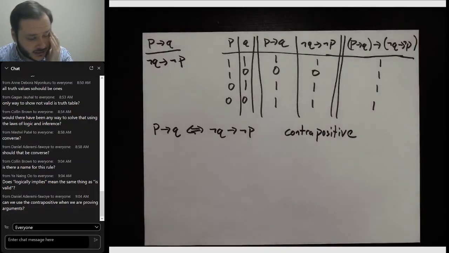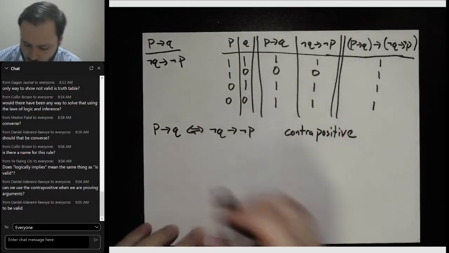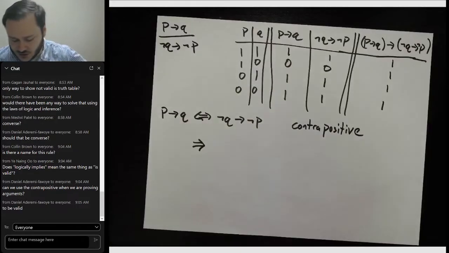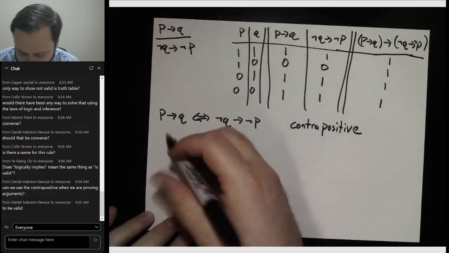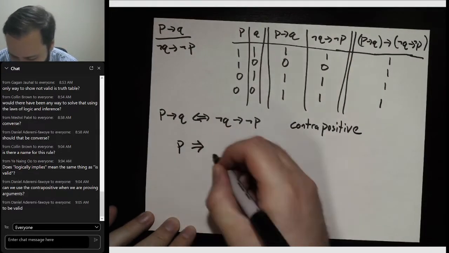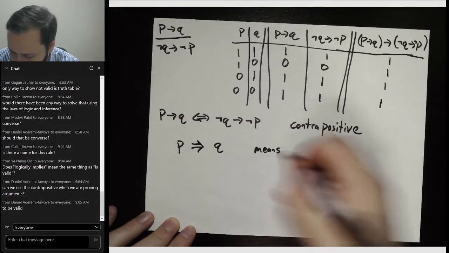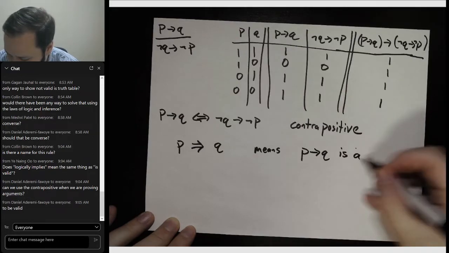Does logically implies mean the same thing as is valid? So this symbol means logically implies, and if I put a statement over here and a statement over here, this means P implies Q is a tautology.